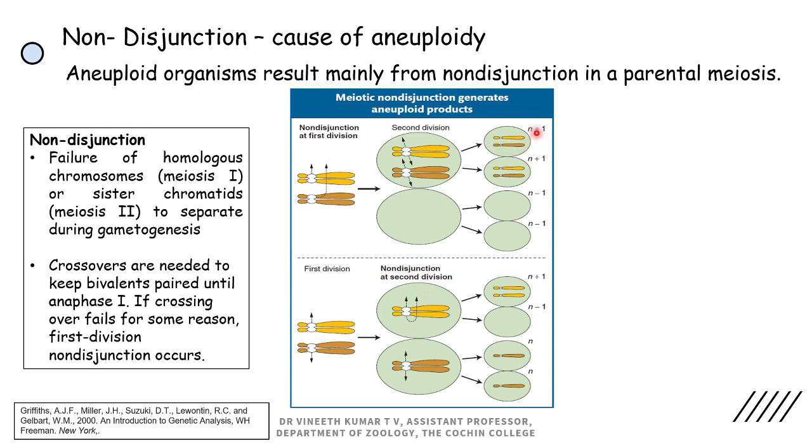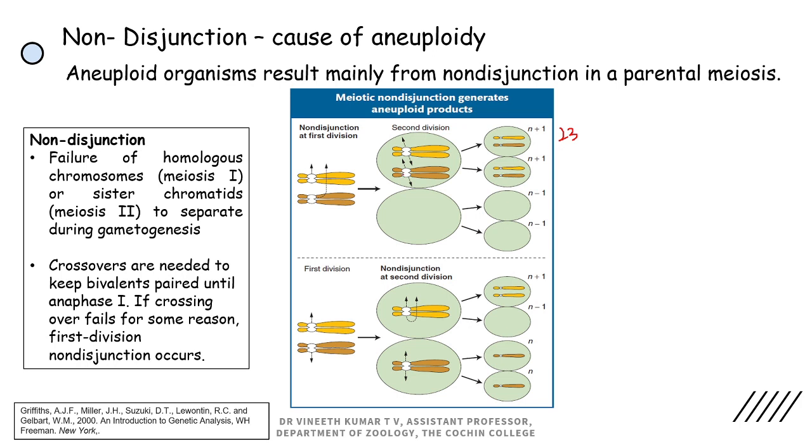That should be n. But here, two of the gametes have an extra chromosome. As a result, it is n plus 1, and these are n minus 1s because they do not have a chromosome. If I take an example, n should be 23, which is the normal haploid number of a sperm or an egg.